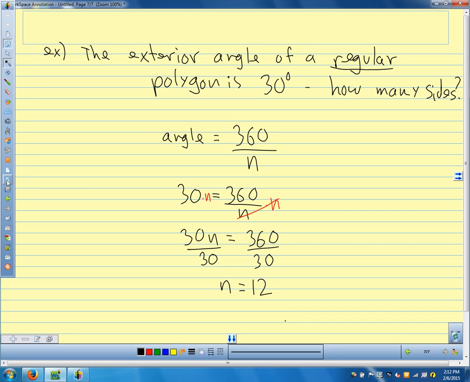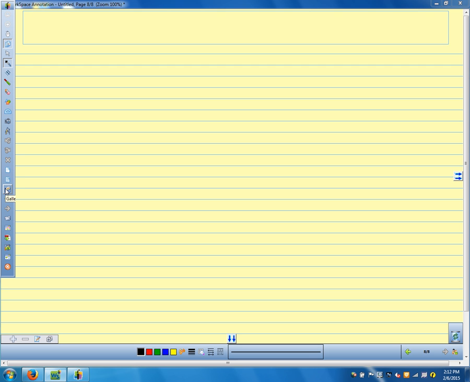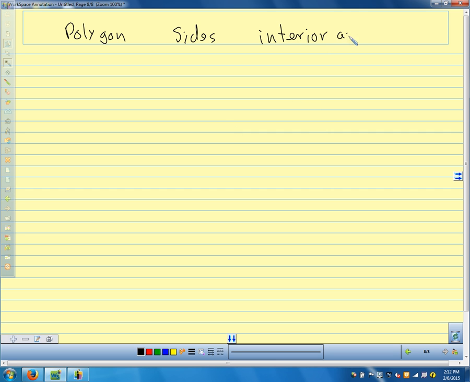All right, the last thing I want to do is make a little chart. This chart can be helpful for remembering how many angles are in a polygon. I also want to talk about their names. All right, so our first one, our easiest one, 3 sides on a triangle.